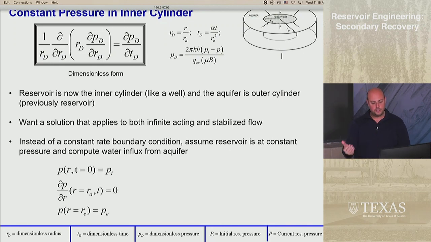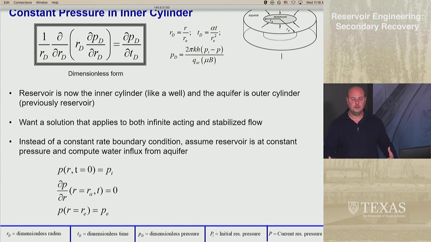So the initial pressure is still PI. We have a boundary condition that says that dP/dR is equal to 0 at the edge of the aquifer. What that really means is that the aquifer is closed, that nothing comes in or out of that boundary. It's like a wall, okay?